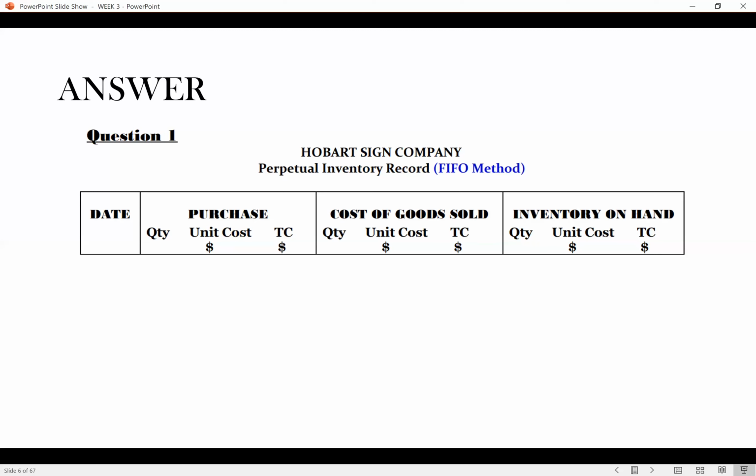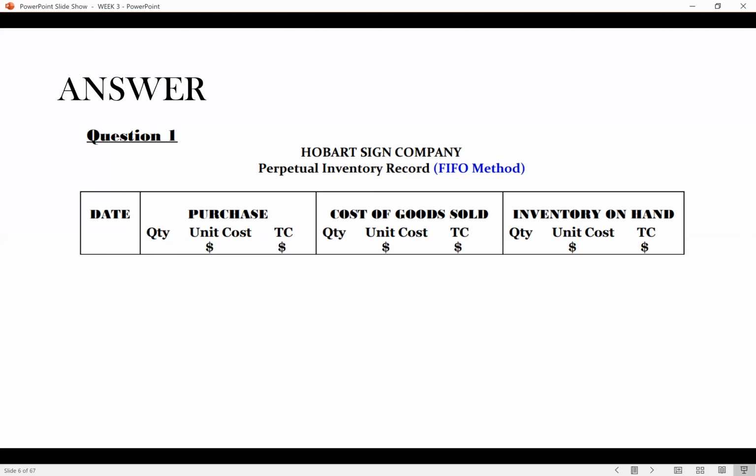So let's look at the inventory on hand column. The same set of information: quantity, unit cost, total cost. So remember we say our perpetual system, right? At any point in time, it's something that's automatic. And at any point in time, you should be able to tell what quantity of goods you have on hand.